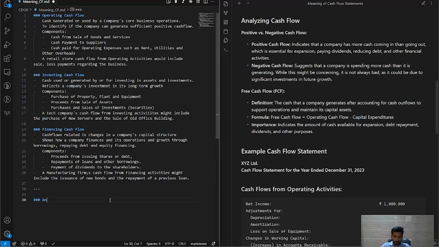So for analyzing cash, let us first talk about the positive cash flows. More income and less payments. Ideal for expansion and other financial activities.